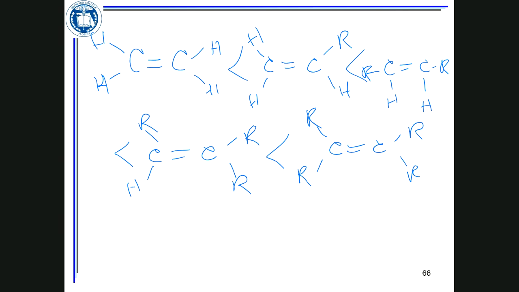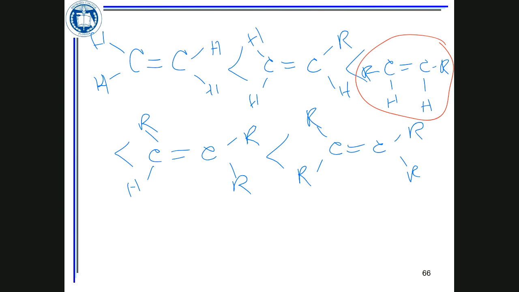Okay. So just know this trend here. Four R is going to be most stable, then three R, then two R, then one R, and then this is no R, non-substituted. It's not substituted at all.